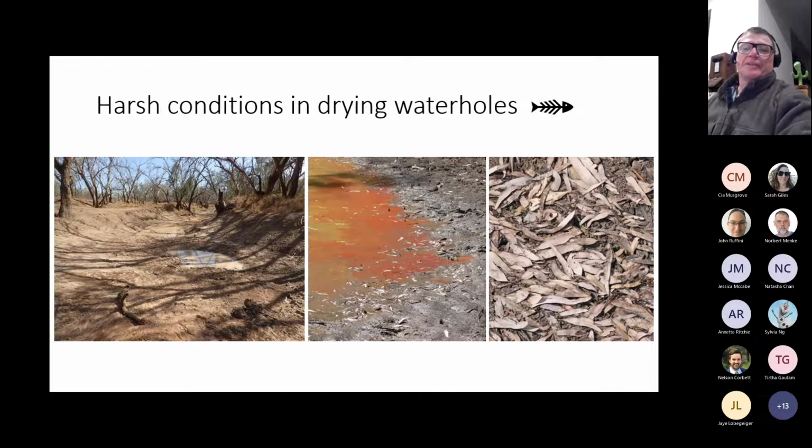However, conditions become increasingly harsh as waterholes shallow, and drying waterholes can also become a lethal prospect for fish and other organisms. So there's temperature fluctuations, algal blooms, oxygen crashes, concentrations of toxic chemicals such as phenols that can accumulate from eucalyptus leaves, various other threats.